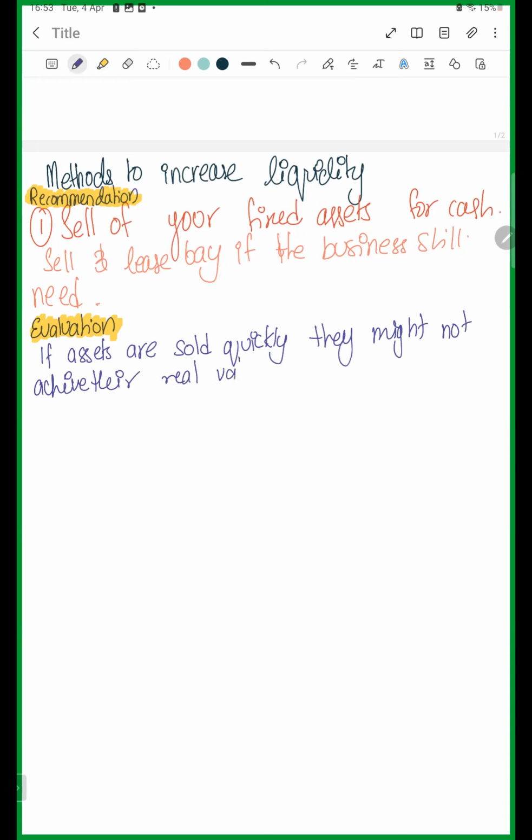You're trying to sell off your phone urgently. Do you really think you're going to get the real value? Because you're selling it so urgently and you desperately need money. For instance, a business owes someone, so their liabilities are really high and they're asking for their money back, and the business needs money urgently.